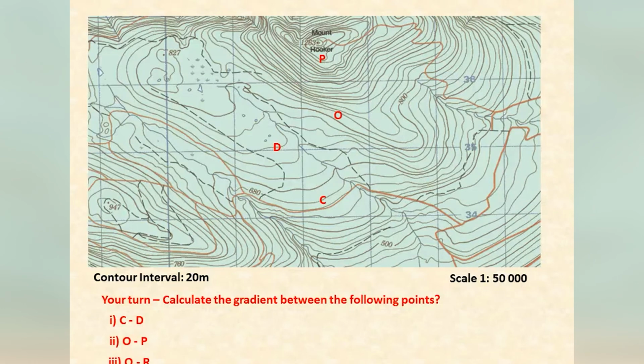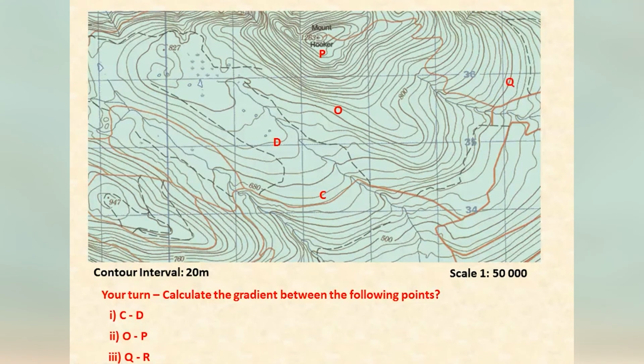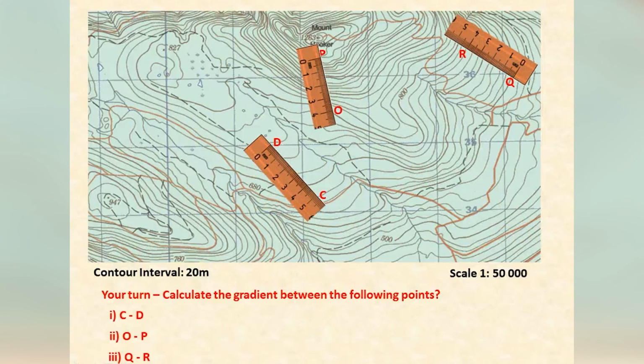And lastly, Q and R, I'm sorry that's slightly cut off, but that is Q and R. Q is here, R is there. You shouldn't find this too hard. The only other information you're going to need is the distance between them, and here are your rulers. Best of luck with that. I don't think you'll find it too hard. This is all you need to do to be able to calculate gradient effectively.